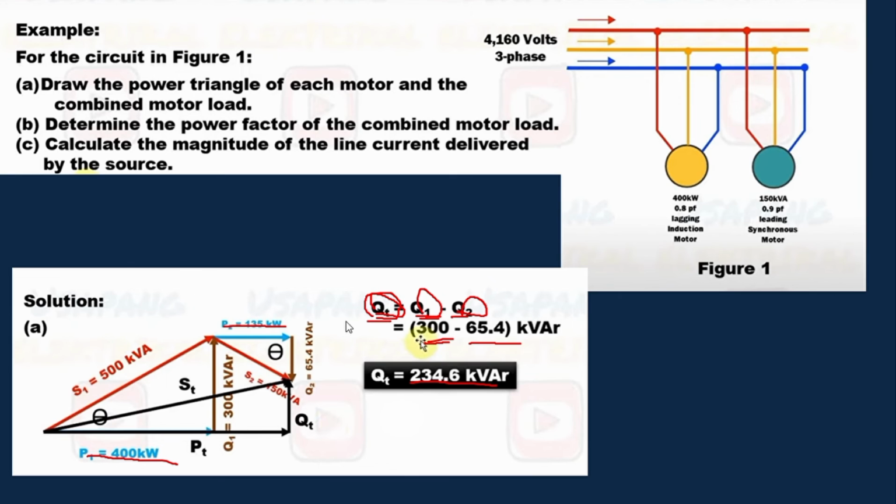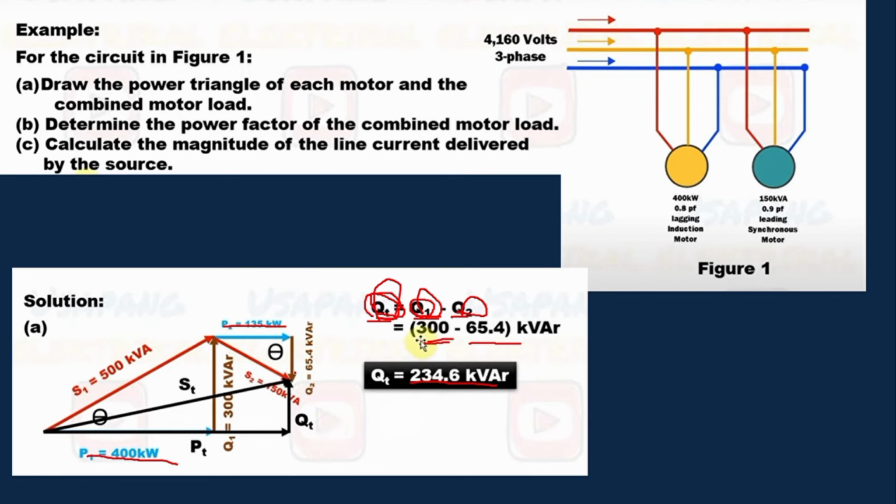Next is Q. The total Q is equal to Q1 minus Q2.